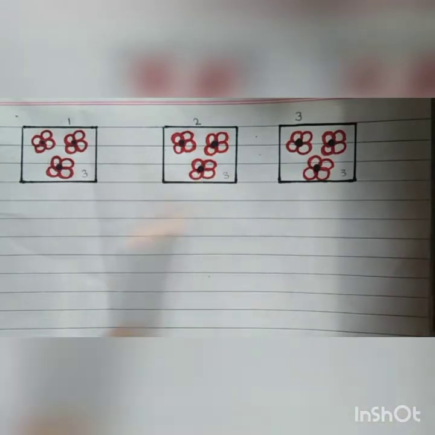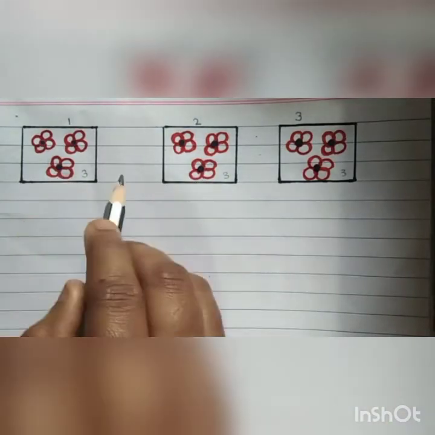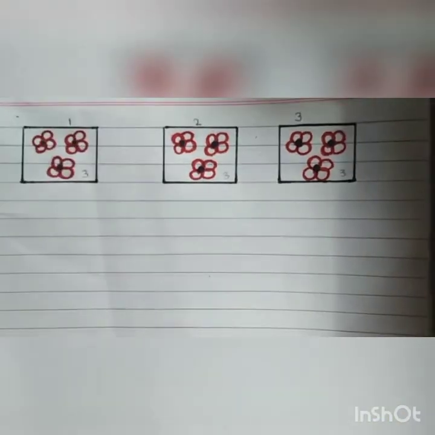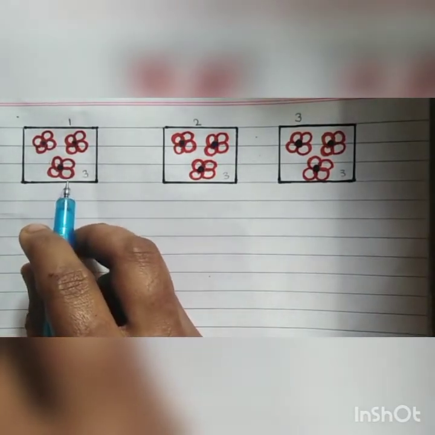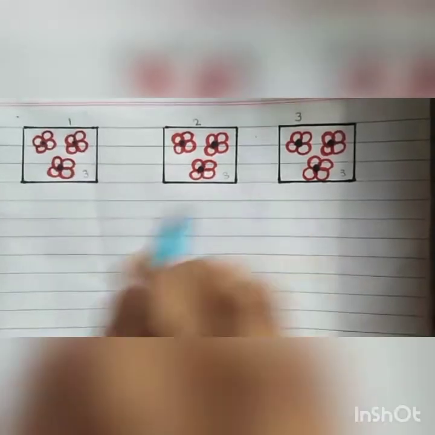Now we can find the total number of flowers. First we can find the total number of flowers by repeated addition. For that, we can add the number of flowers in each box.